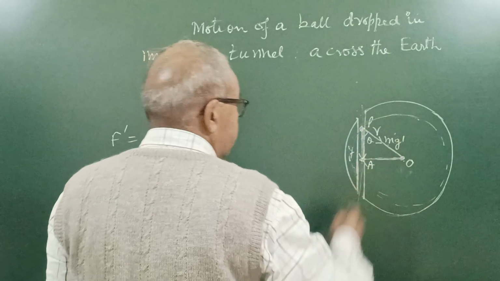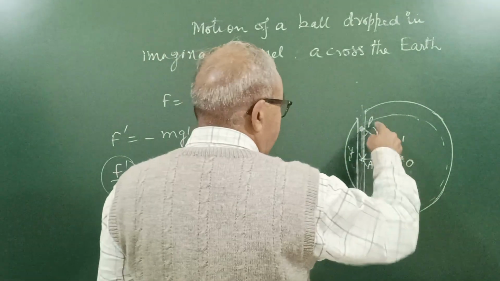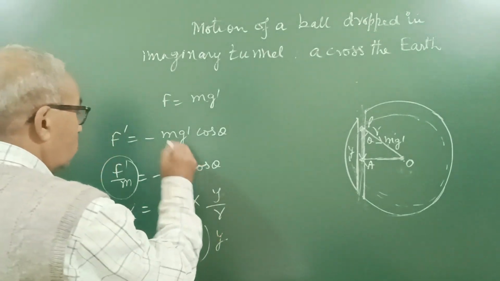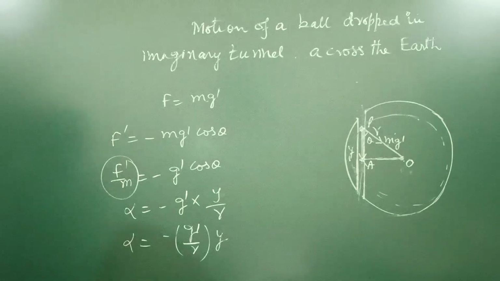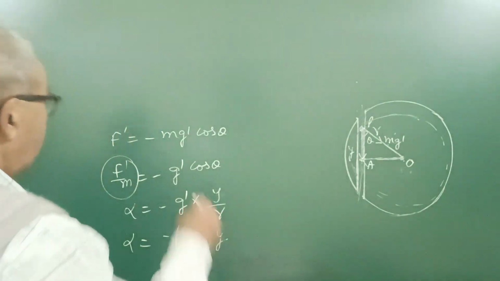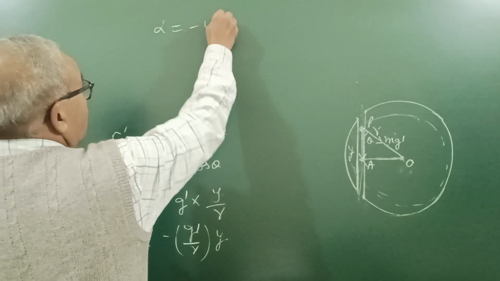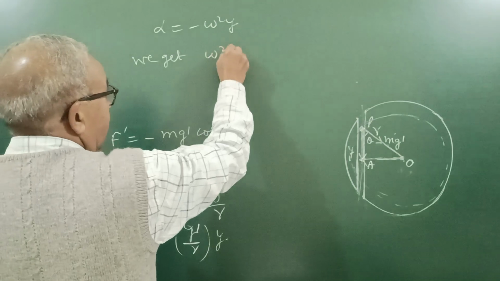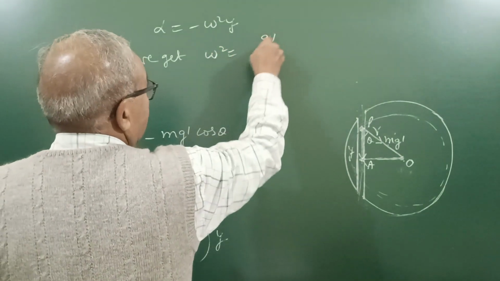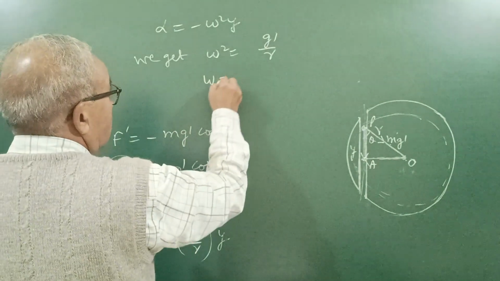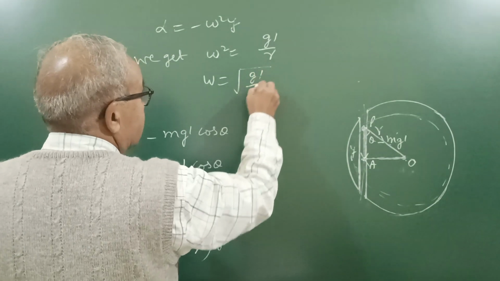For this point, this distance r is fixed, so g dash upon r into y is constant. So comparing it with alpha equals minus omega square y, we get omega square equals g dash upon r, and omega equals under root g dash by r.